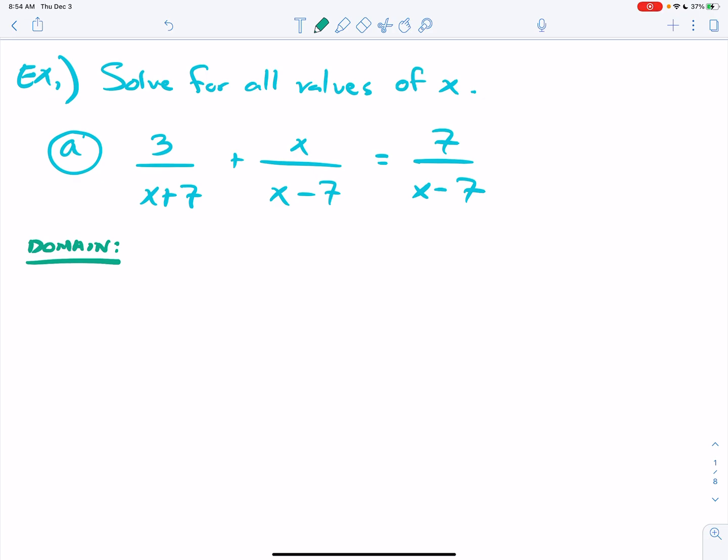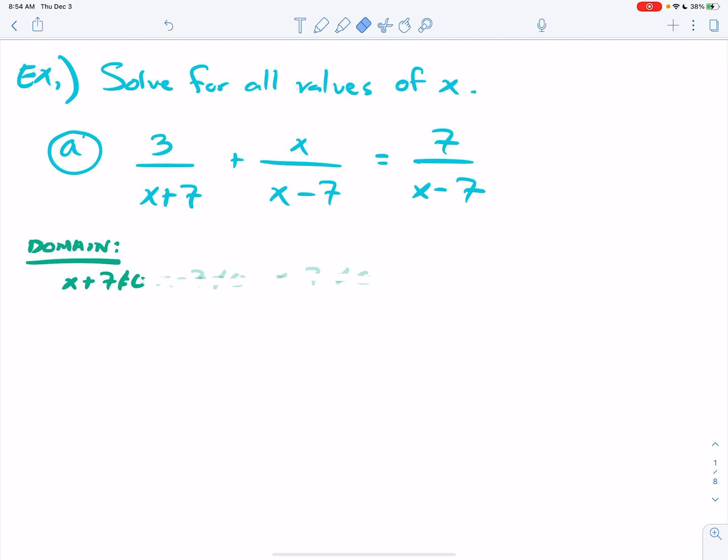So domain, we look at the denominators. We have to make sure that our denominators, x plus 7, x minus 7, and x minus 7, don't come out to 0. But again, you don't need to write it twice as we did right here.